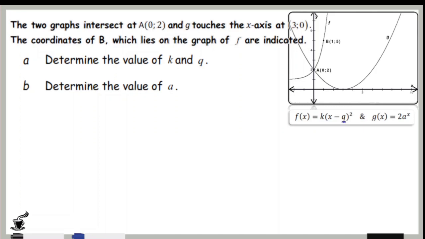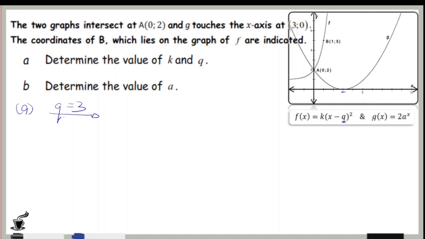If we remember our turning point formula, that is just a horizontal movement of a parabola, and it's moved 3 units to the right. So for a, there's no calculation involved, just theory, so q is just equal to 3.